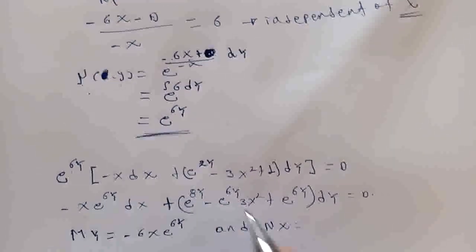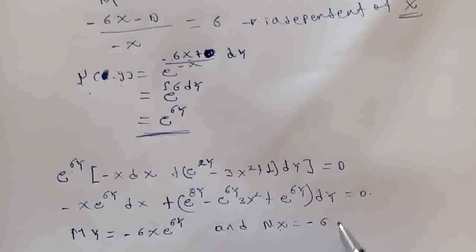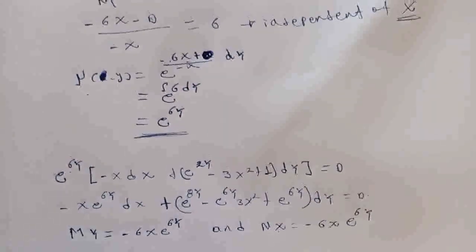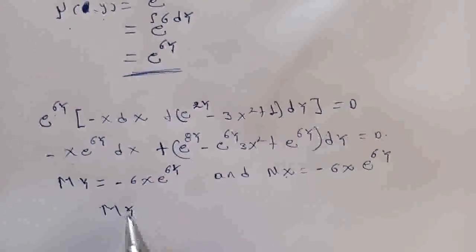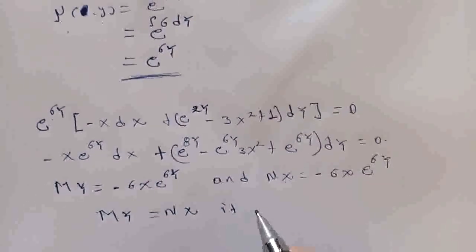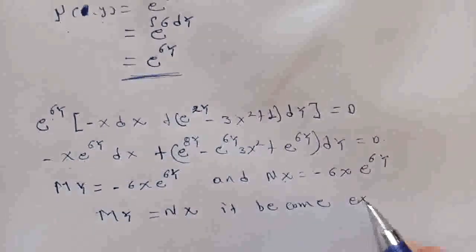Simply this one is 0 because with respect to this, minus 6x e to the power of 6y. Here, M sub y is equal to N sub x. It becomes exact.